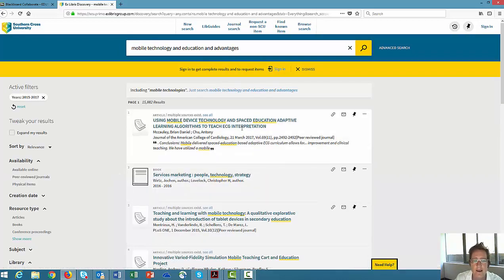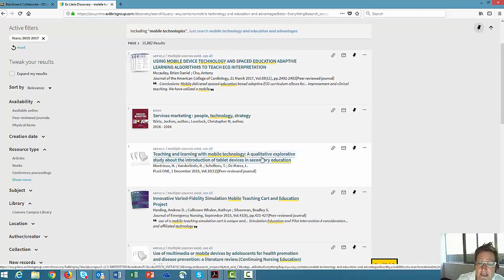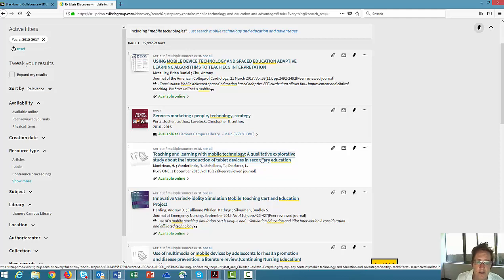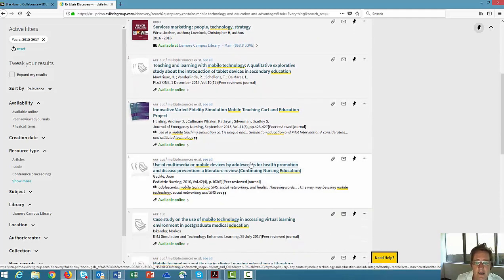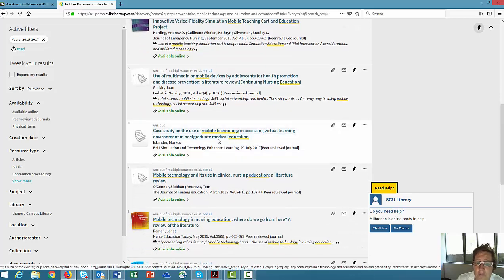Okay, so the first 2, the third one looks specifically at secondary education. That could be helpful. Okay, this next one looks at nursing education or health promotion. Okay, another one in medical education. So we're starting to see advantages and articles that could be grouped together.